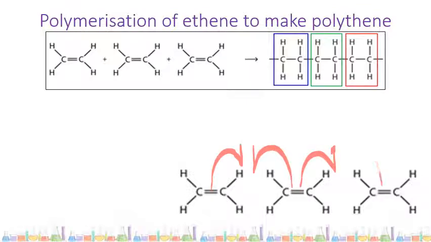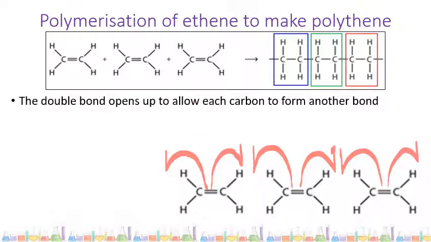I can use a single-headed arrow to show the movement of my electrons, where they're going to go. This double bond is going to open up and allow each carbon to form another bond. So there's going to be one electron from that carbon, one electron from that carbon, forming a single bond between them, and the same over here.